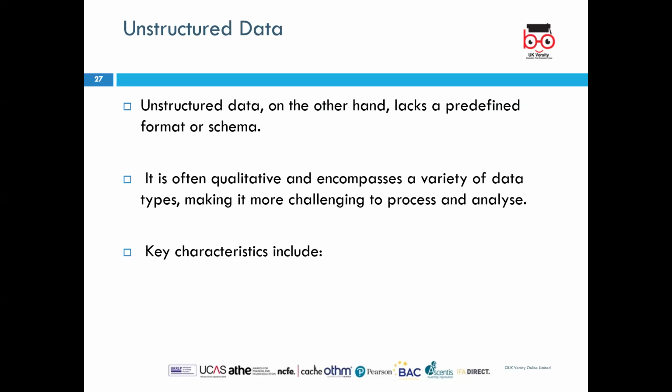Unstructured data, on the other hand, lacks a predefined format or schema. So we now have in our JSON file all our structured data. This is often qualitative and encompasses a variety of data types, which makes it more challenging to process and analyze.